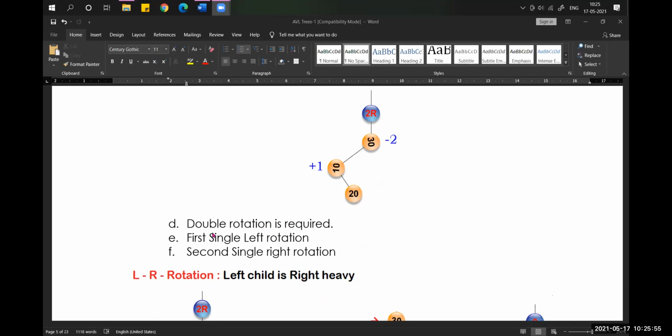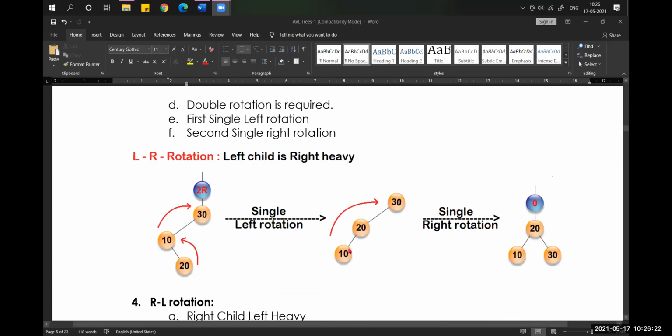What is that double rotation? It means we have to rotate 2 times. First a single left rotation, we move to the left side. After that, we do a right rotation, and then we can make this imbalanced tree balanced. Let's look at the picture first.